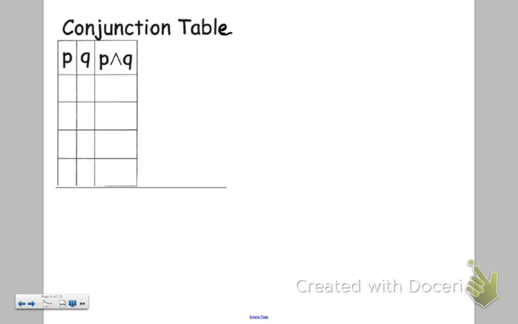For example, when we start looking at the conjunction table, when we find a conjunction, we need two statements. We need a P and a Q. Anytime we have two statements, we will always have four different cases that we need to consider.